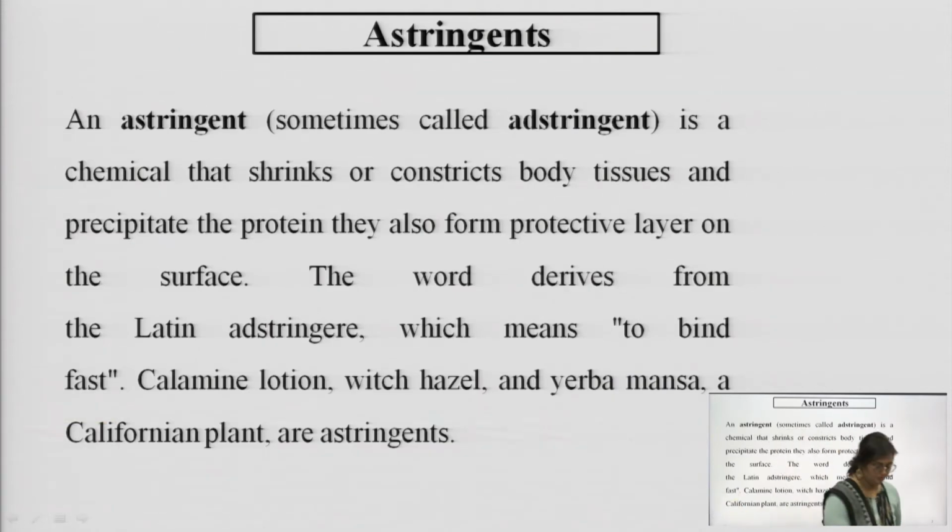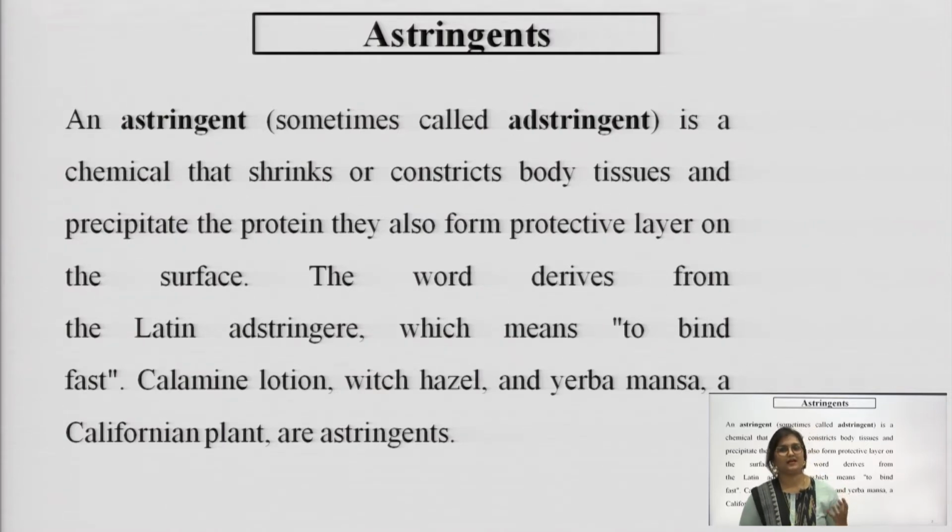Now, moving forward, astringents. What is an astringent? An astringent is a chemical that shrinks or constricts the body tissues.